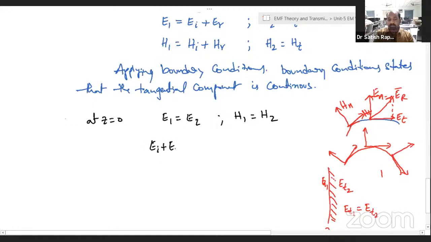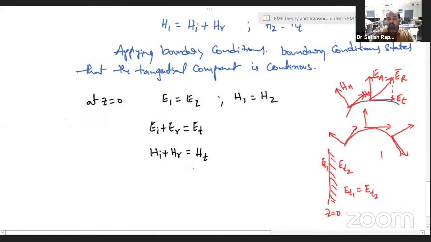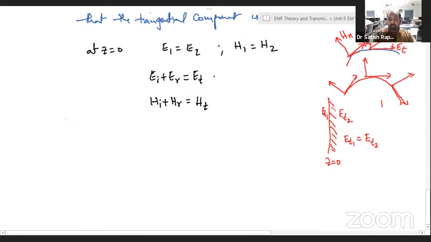Ei plus Er is equal to Et, and similarly Hi plus Hr is equal to Ht, and let us say this is equation 7 and this is equation 8.